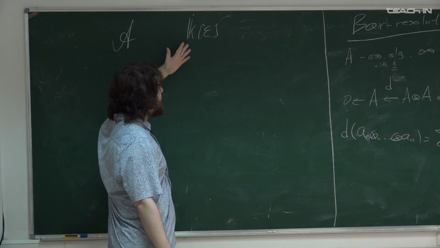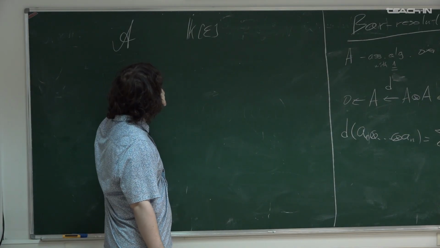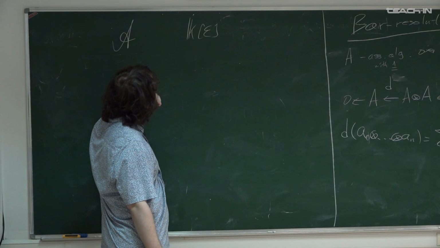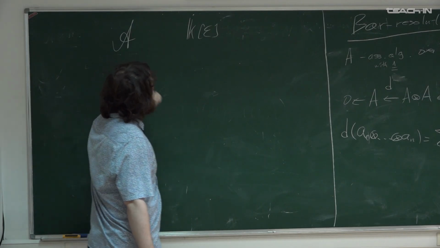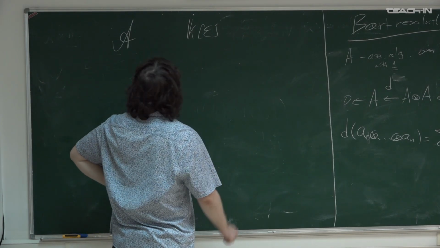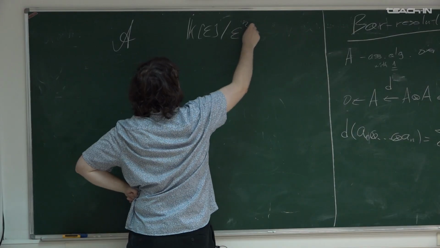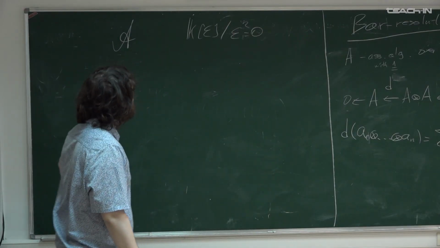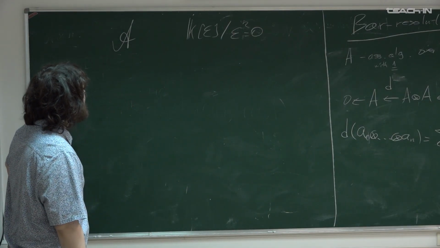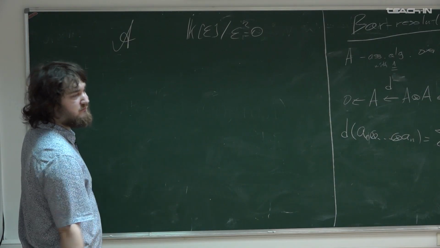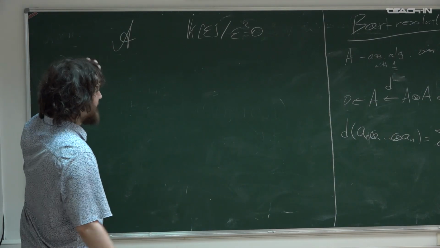This polynomial algebra is also an associative algebra, maybe modulo epsilon squared zero. Yes, k and epsilon with epsilon squared zero. It's an associative algebra, the first one.